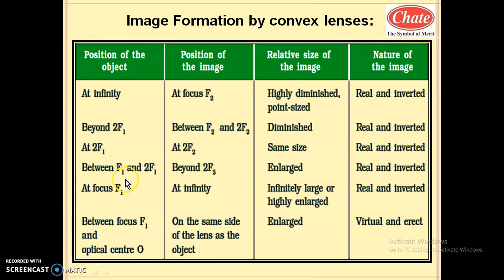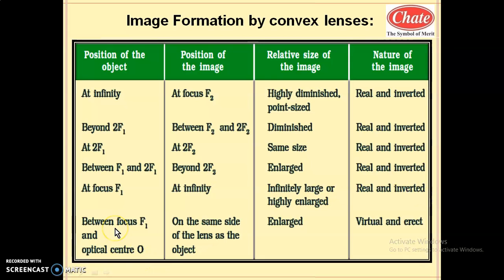Now if the object is at F1, then the image will be at infinity. It is the reverse case of the first. Now object is at F1, then image will be at infinity. It will be highly enlarged or infinitely large. It is real and inverted.